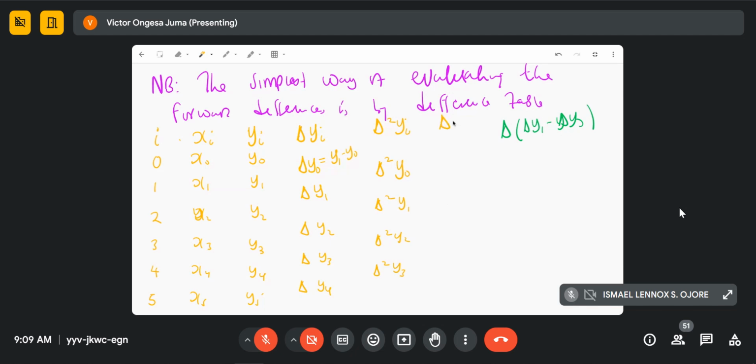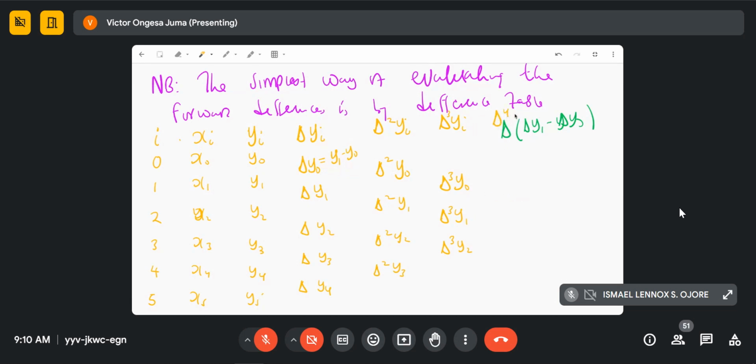And then if I go here to the third column, in the same manner, this will be delta cubed y0, and this will be delta cubed y1, and this will be delta cubed y2. So if somebody asks you, for example, to find the third forward difference of y0, and you have this table, then you just know the value you come to pick.